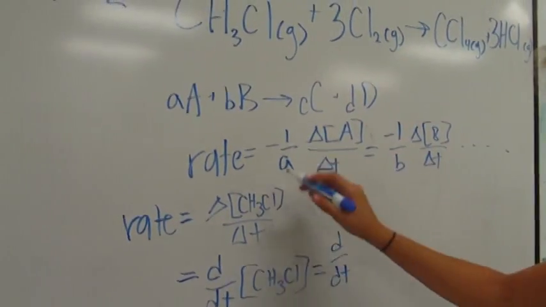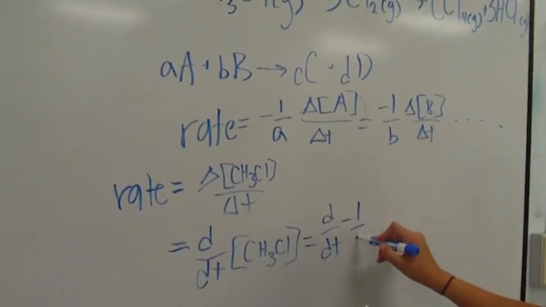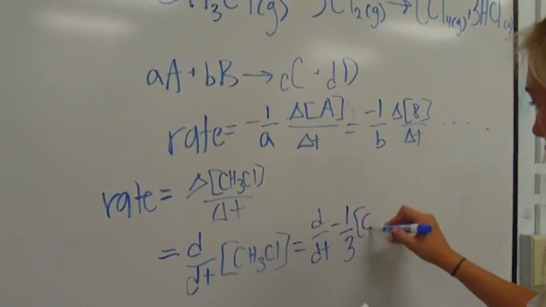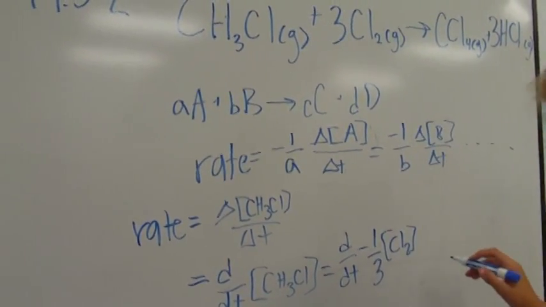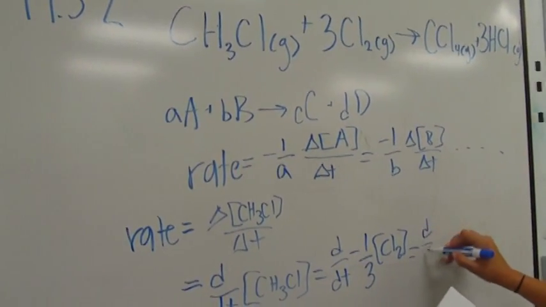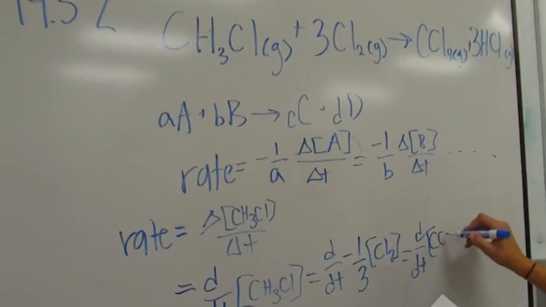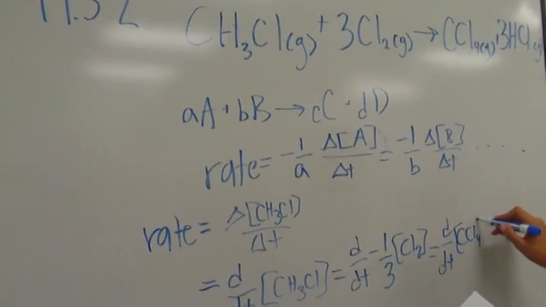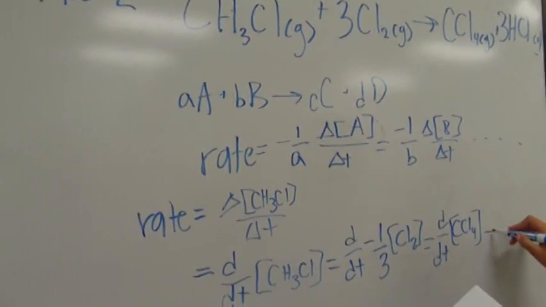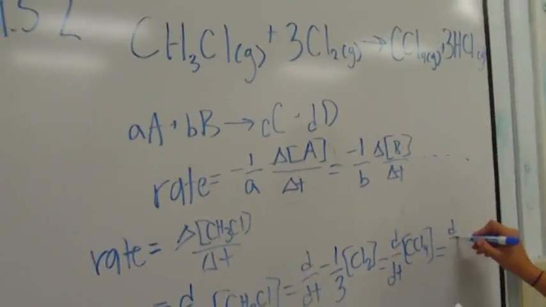This has a coefficient, so we're just going to plug it in just like we do in here. It's going to be negative 1 over 3 of our chlorine concentration. Then that's going to be equal to d/dt, no coefficient, so just change in concentration, and that's going to also be equal to d/dt.